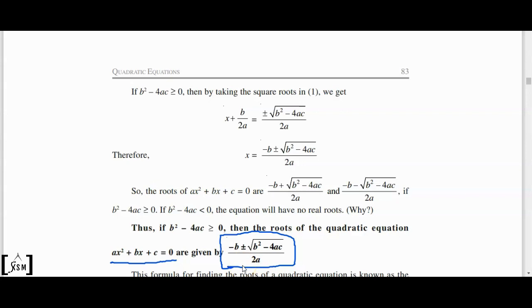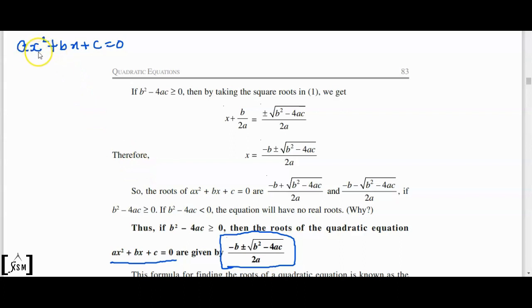Okay, we'll see how we get this formula. So let me write down the quadratic equation first. ax square plus bx plus c equal to 0. Actually, to derive this formula, we'll be using the completing the square method.